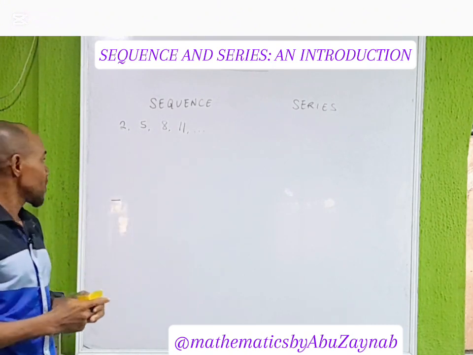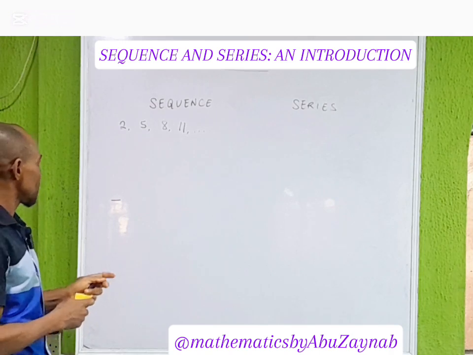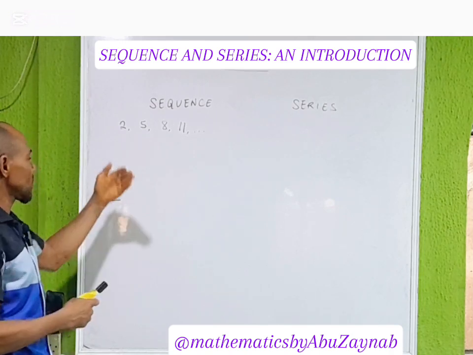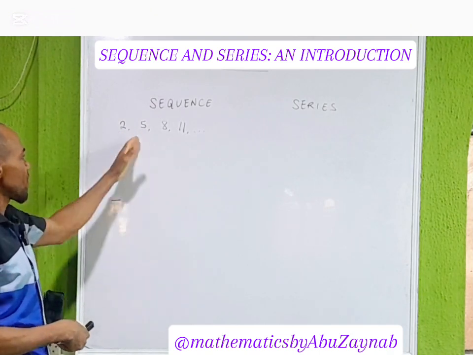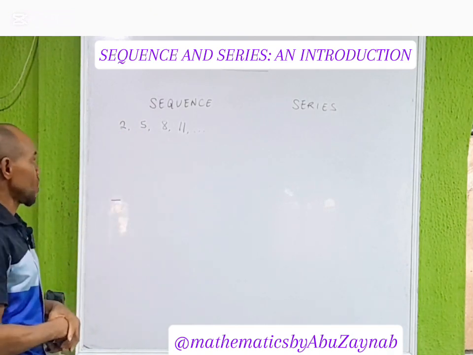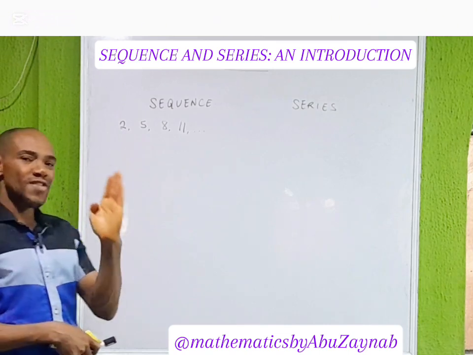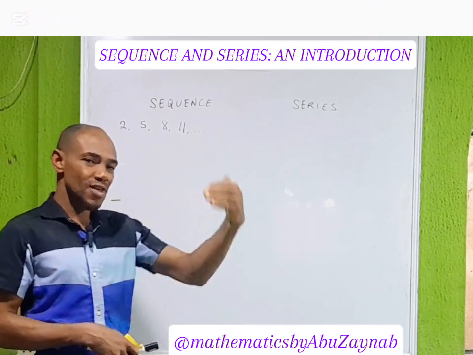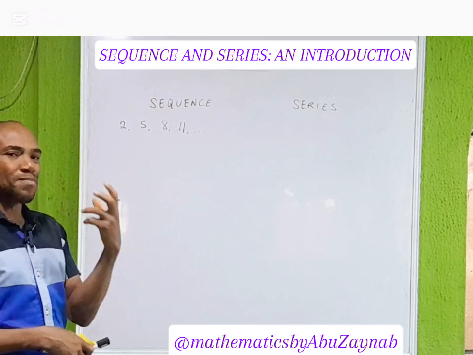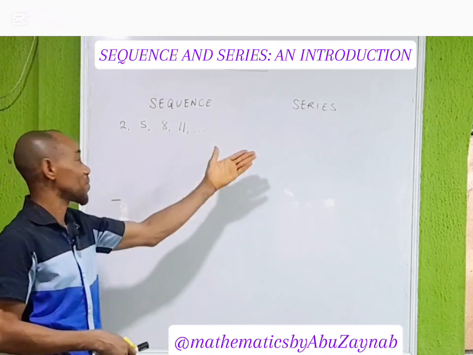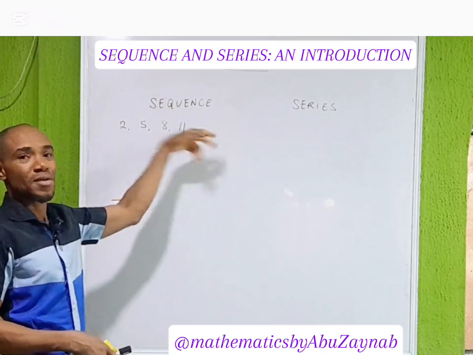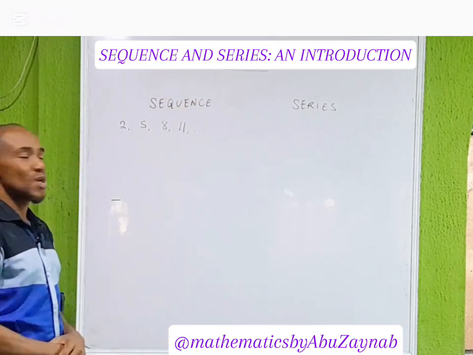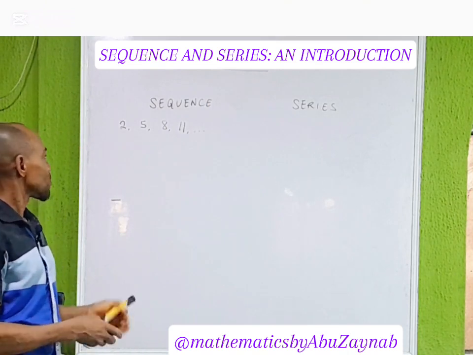A savvy individual with numbers will know that these are terms increasing by 3s, plus 3. 2 plus 3 is 5, 5 plus 3 is 8, 8 plus 3 is 11. So that plus 3 is a constant pattern. And since we know there's a constant pattern, we can use that to generate the next term, which is simply going to be 11 plus the same 3, which is 14, plus 3, 17, and so on and so forth. That's quite easy.